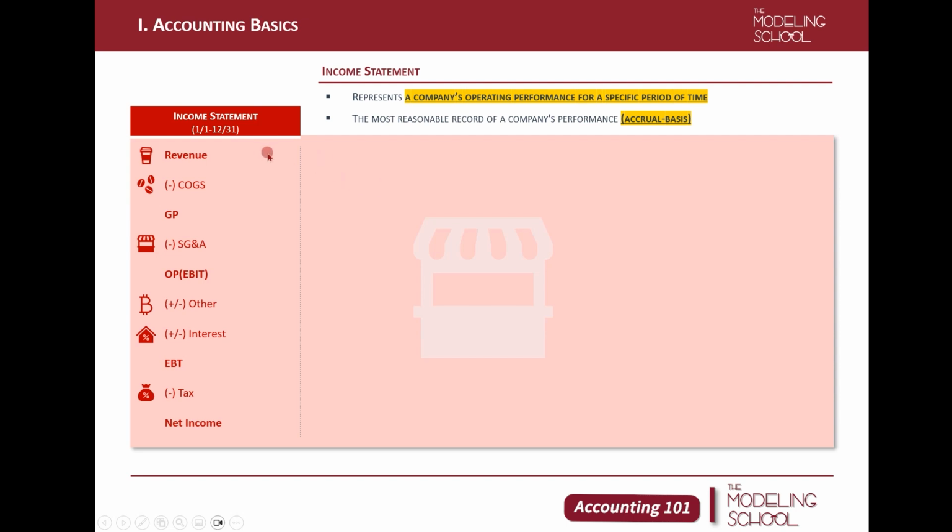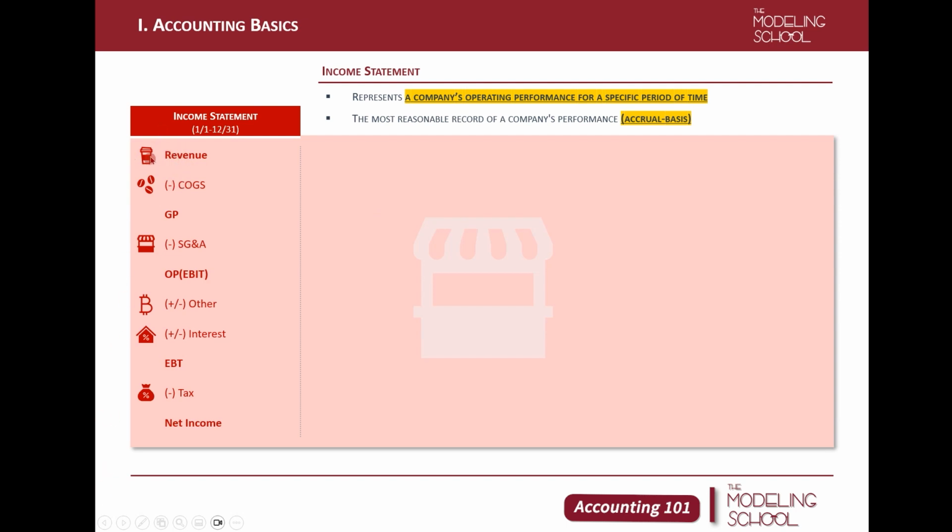But anyways, the income statement typically looks like this. Wherever you go around the world, it's going to look like this. The balance sheet and the cash flow statement, on the other hand, sometimes look different. It differs by industry, it differs by situation, but the income statement is usually looking like this.